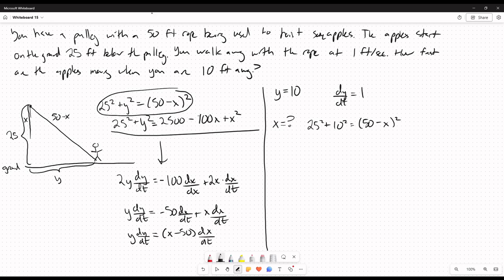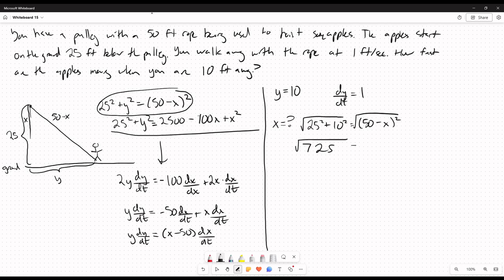Now, you might be tempted to FOIL out this (50 minus x) squared at this point, and I know I sure was, but this is actually going to be a lot easier if you just start by square rooting both sides. We know that we want to get a positive answer, so we don't really need to worry about the plus or minus all that much. So the square root of 25 squared plus 10 squared is going to end up being the square root of 725 if you do that in your calculator.